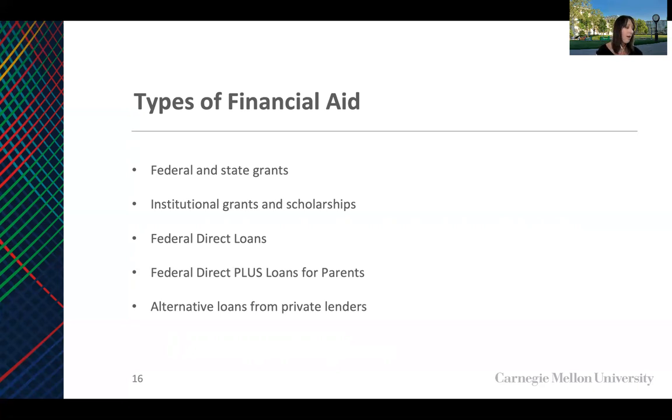There are loans through local, I don't want to say local, local lending places. So if you belong to one of those, you can definitely look to borrow through them if they have educational loans. There are also larger private lenders that you can also look to borrow through as well.